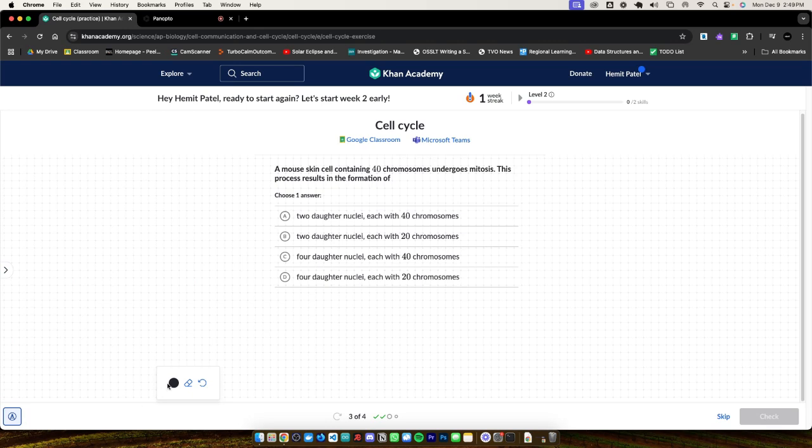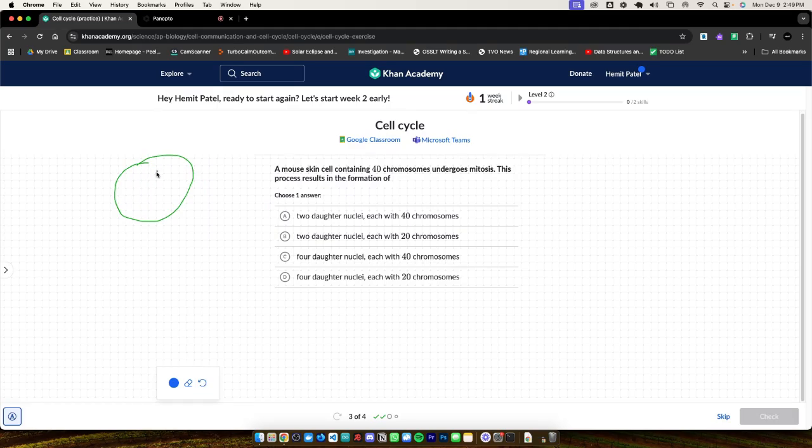Anyways, here we go. So we have our nucleus there, and then again, for simplicity's sake, let's say it's only one chromosome, right? Obviously, this is a very simplified organism. Usually, organisms like the mouse skin cell contain 40 chromosomes.